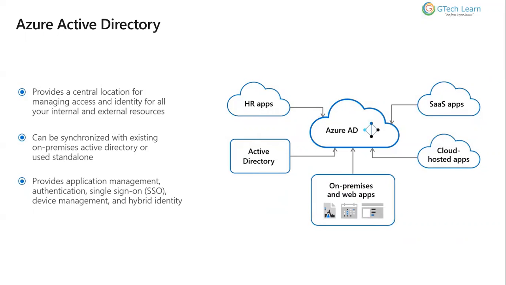For example, if I am running an organization like Contoso, with different employees, and different applications and resources running in my organization, and we want to give those users access to those resources and applications, we need identity, and identity majorly represents a specific user.